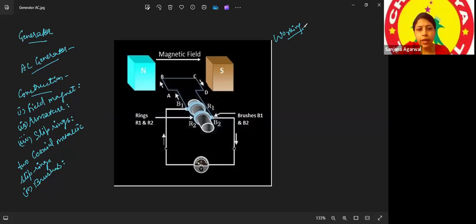Suppose the coil ABCD is initially in the horizontal position. Full stop.